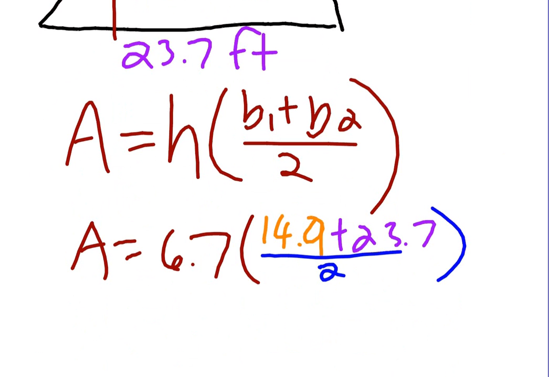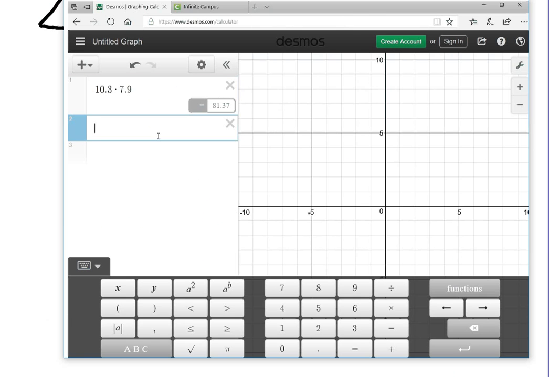All right, first, you're just going to do your 6.7. Then you're just going to select a parentheses like that, okay? And then you're going to plug in your 14.9 plus 23.7.